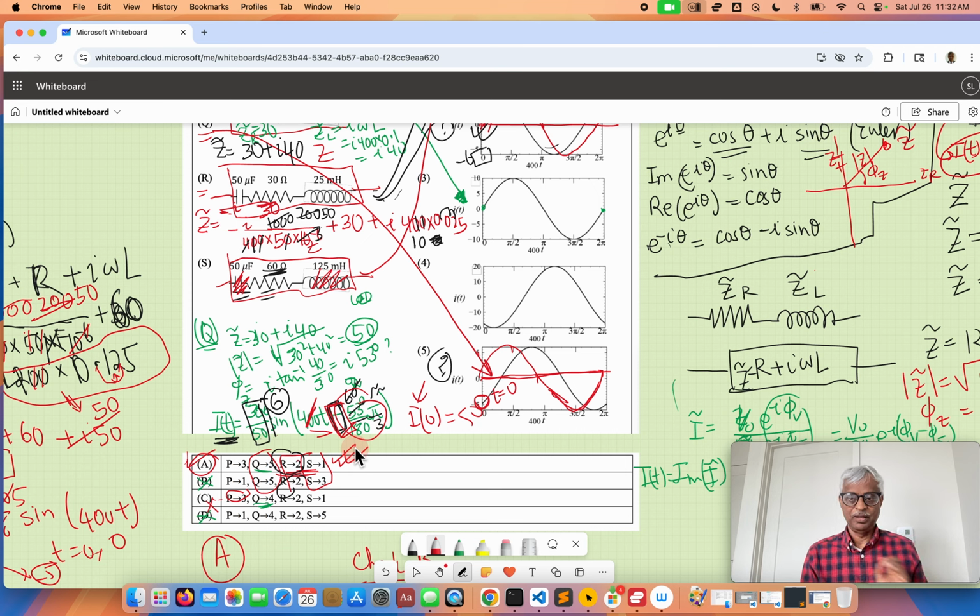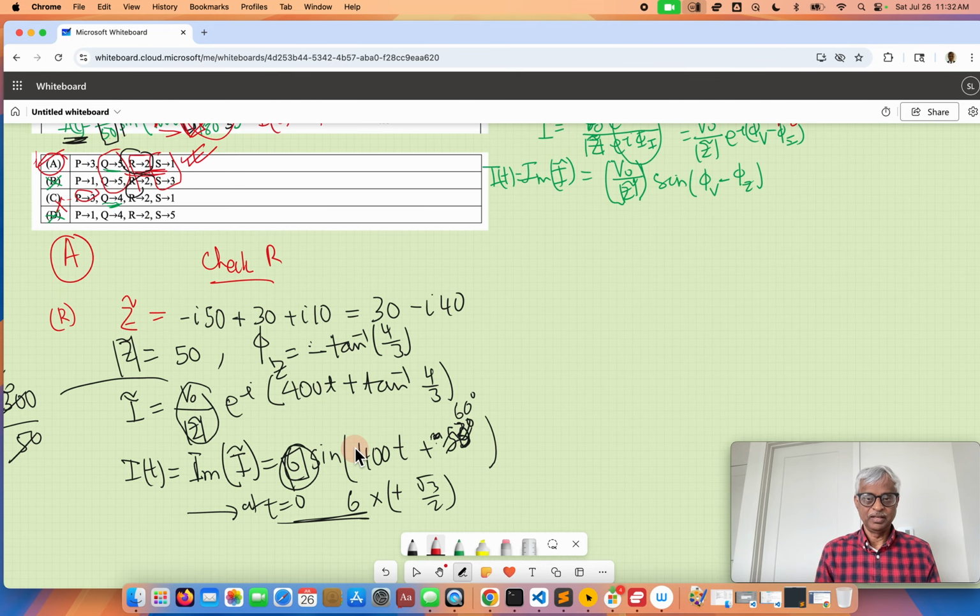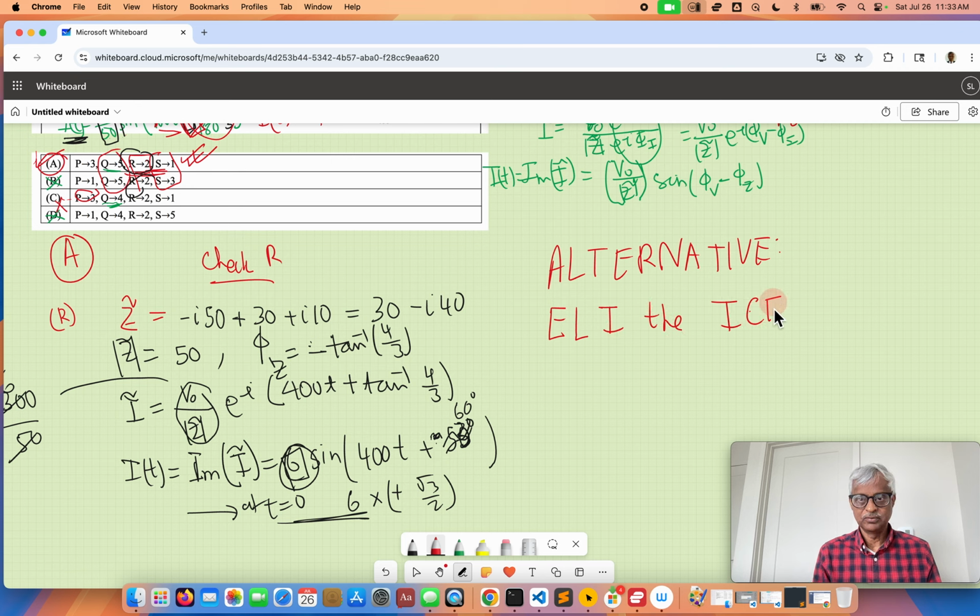Now I've shown you this in complex notation form, but you could solve this problem using just a rule. Let's look at an alternative. You say ELI the ICE man.